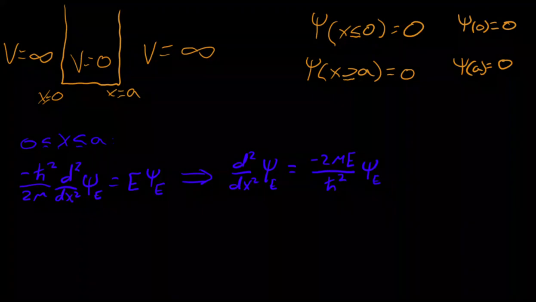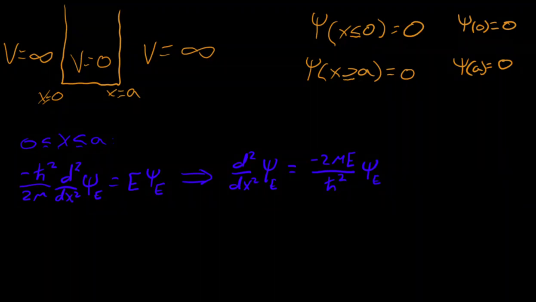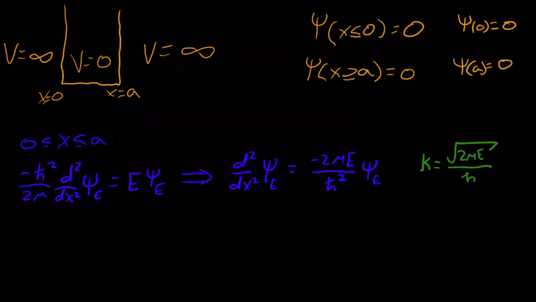And now we are going to make a substitution. We're going to define a quantity k, and k may seem kind of familiar to you, because it does correspond in a way to the wave number k. We say k is equal to root 2me over h bar, the h bar not inside the square root.